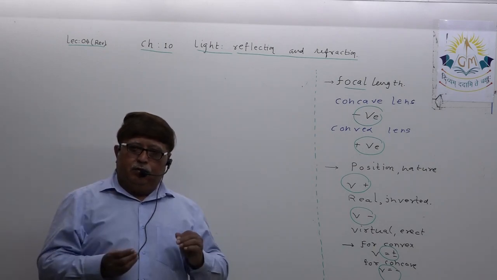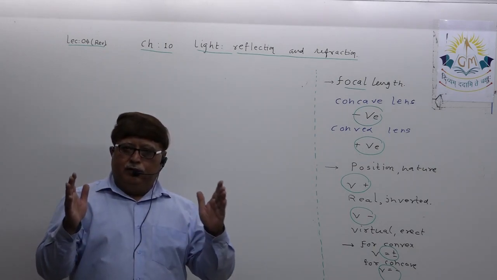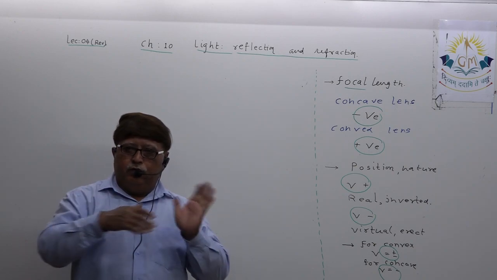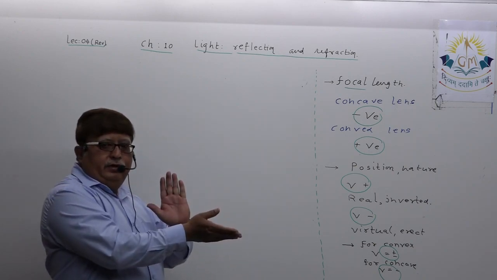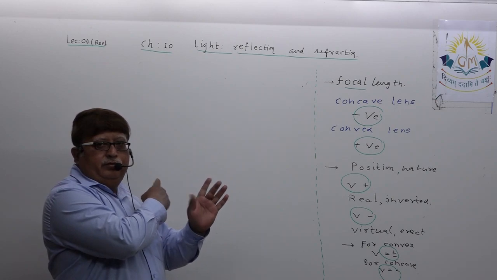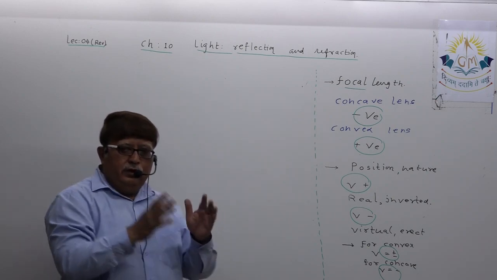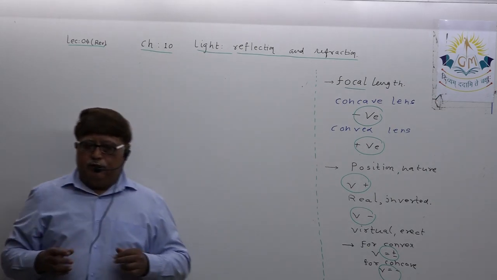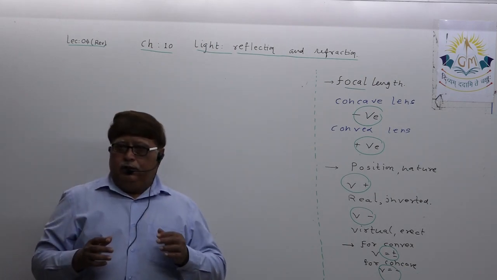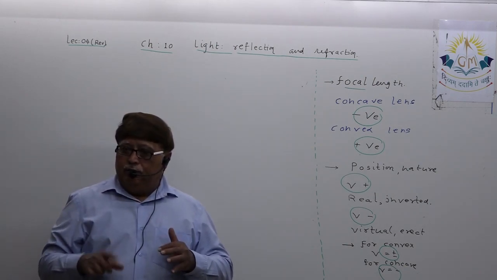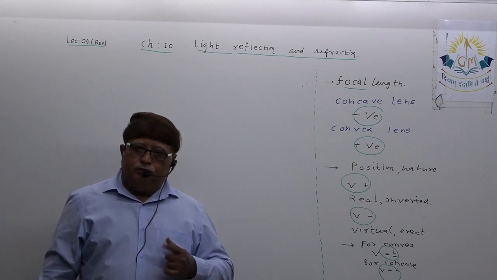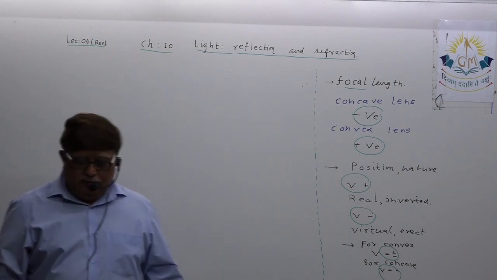Understand that convex means 5 types of image, 4 on the right side real inverted and 1 on the left side virtual, erect, and larger. This ray diagram needs to remain revolving in your mind when you solve any particular example.